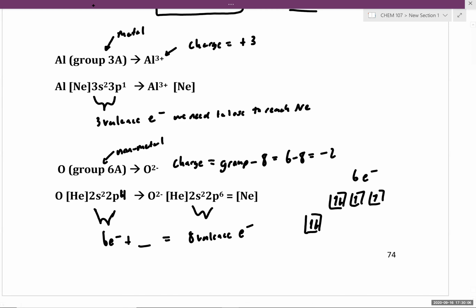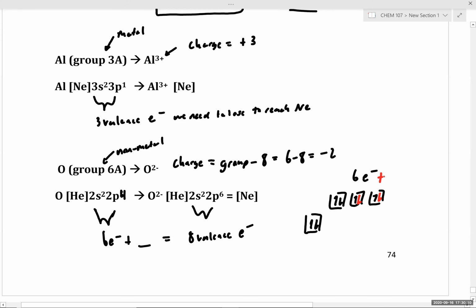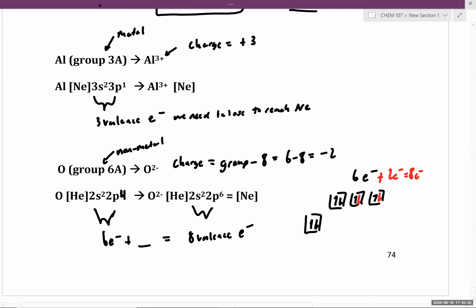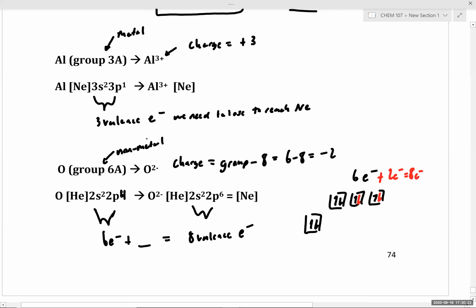And how many do I need to gain to fill out my shell? 2, exactly right. And that gives us 8 electrons. Does that make sense? Is everyone comfortable with these ionization trends?